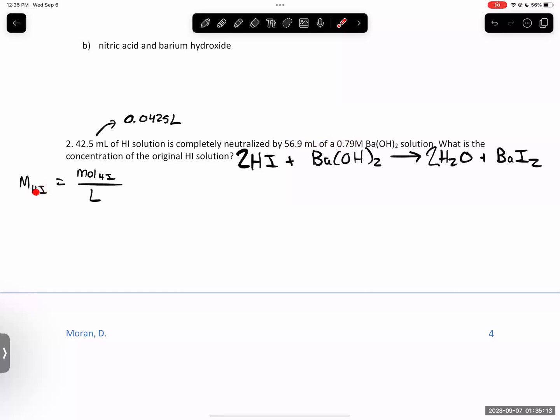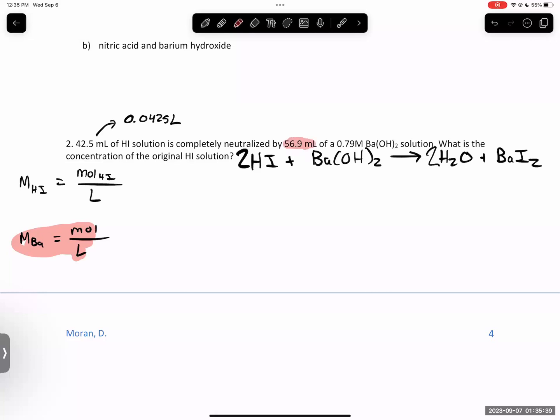The equation for the barium hydroxide would be molarity of that barium hydroxide solution is equal to moles of barium hydroxide divided by liters of solution. So we're looking at the red equation right here, and everything for the red one is going to get highlighted.